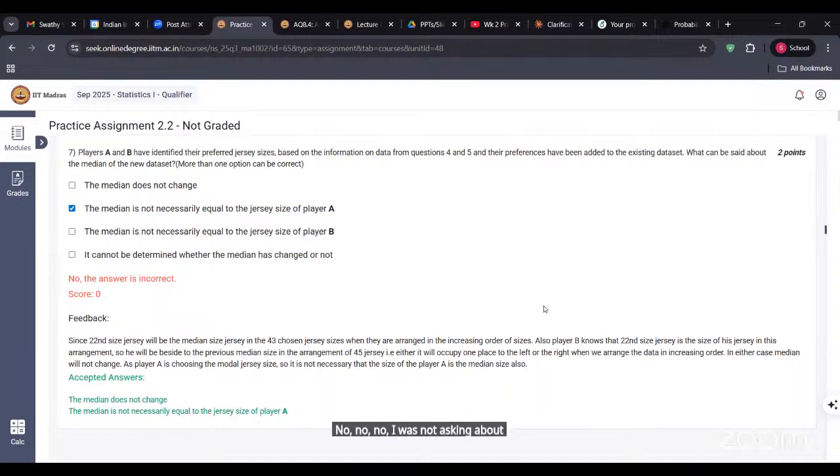I was asking that if we consider S to be both mode and median, both A and B are choosing the same, in that case the median will not change. But suppose S is mode and M is median, in that case how it will not change is what I didn't get. Just a second.